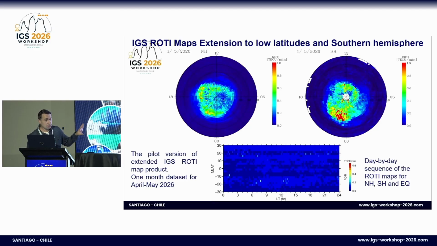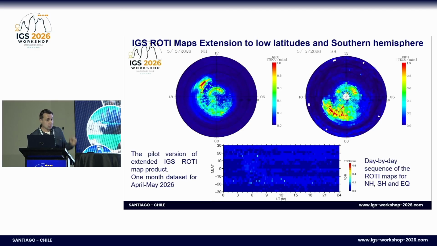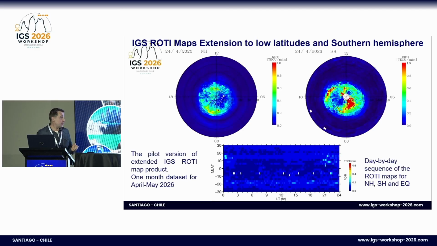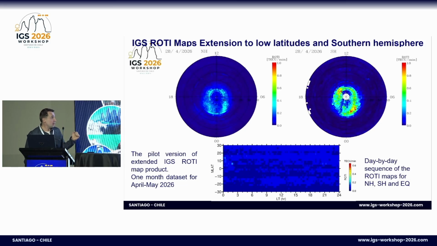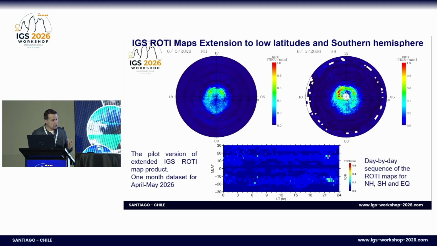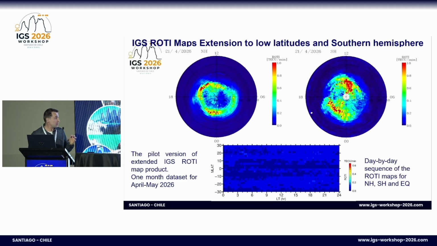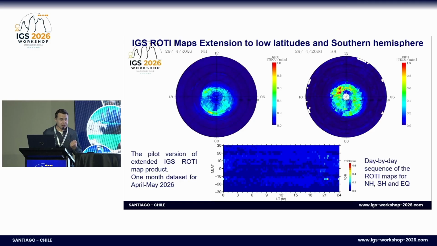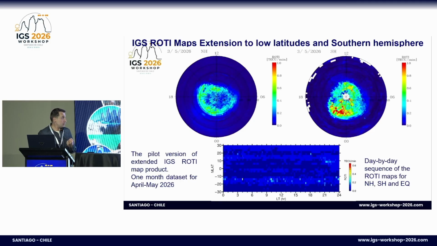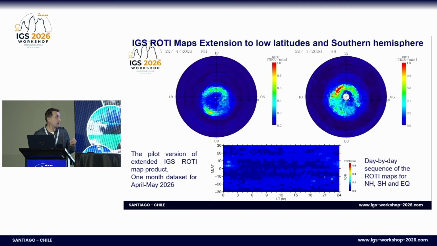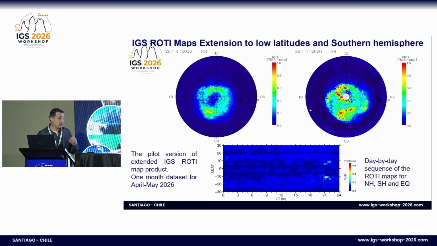These are day-to-day maps for April-May of 2026, and it's pretty good. Of course, we have some gaps, but in general not every day. It again depends on data availability, but the maps are consistent with storm-time behavior we can explain.